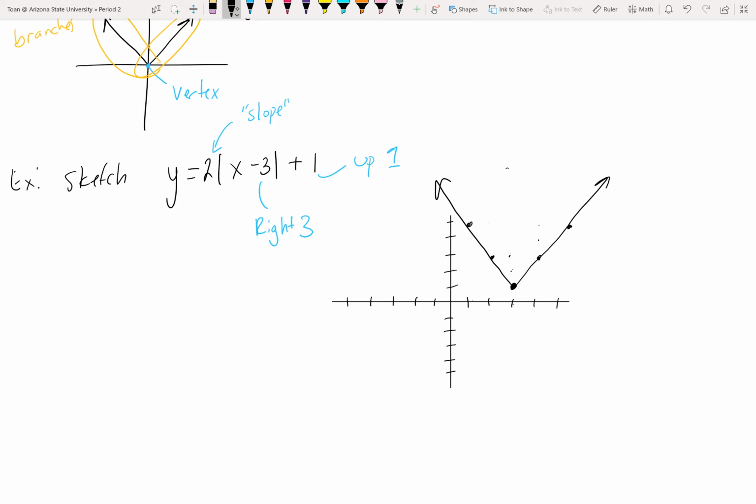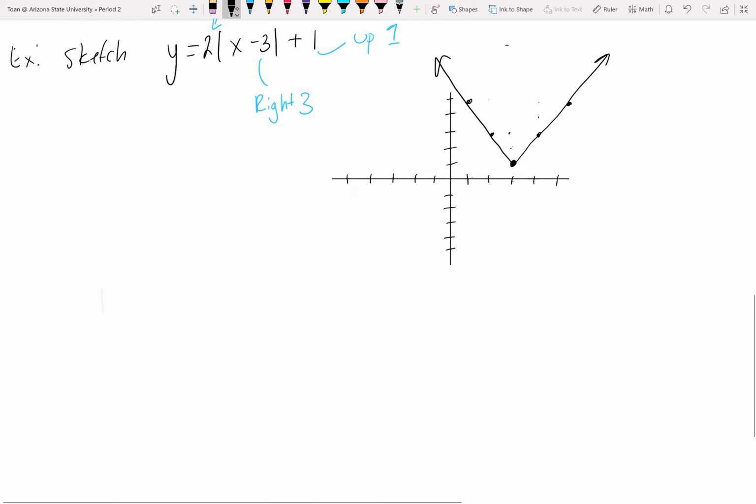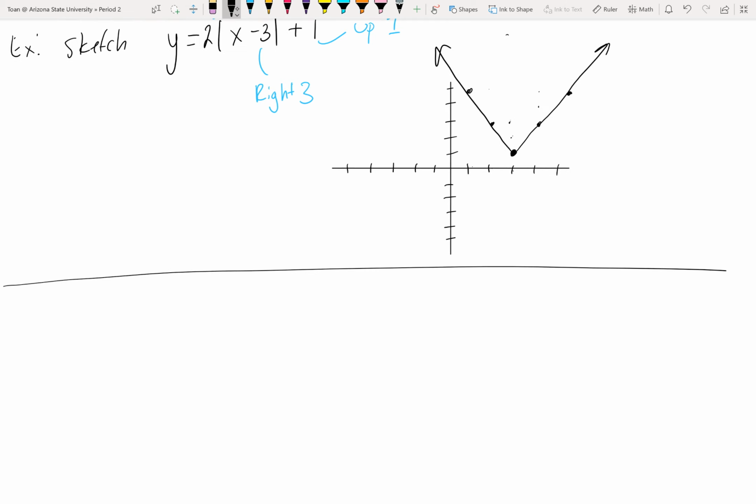Questions, comments, concerns? Let's just do one more to make sure that we know what we're doing. Suppose I ask you to sketch f of x equals negative 1/2 absolute value of x plus 4 plus 2.